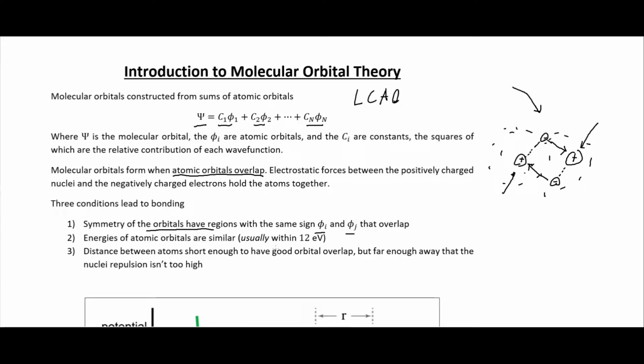As a rule of thumb, it's usually within 12 electron volts. The orbitals from atom 1 and atom 2 have to be within 12 electron volts of energy in order to form a bond with each other. Third, the distance between the atoms is short enough to have good orbital overlap, but far enough away that the nuclear repulsion isn't too high.